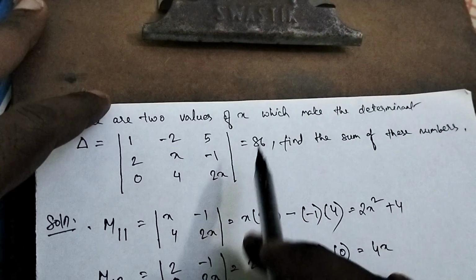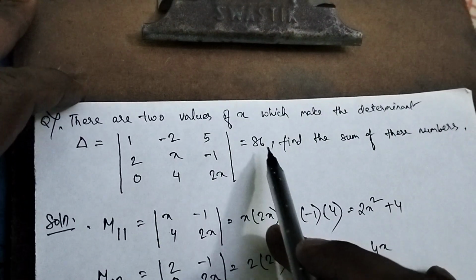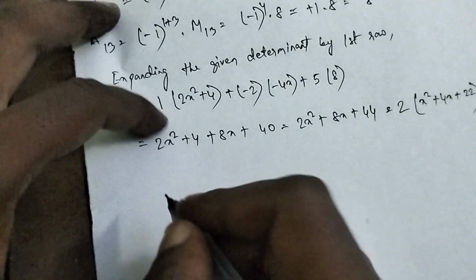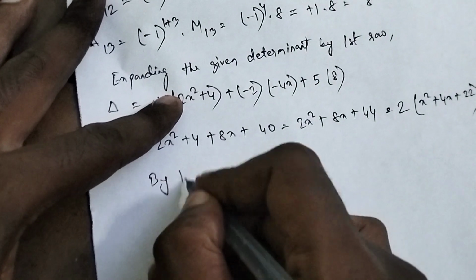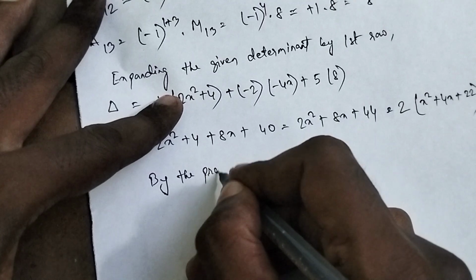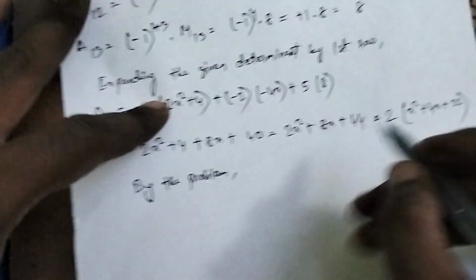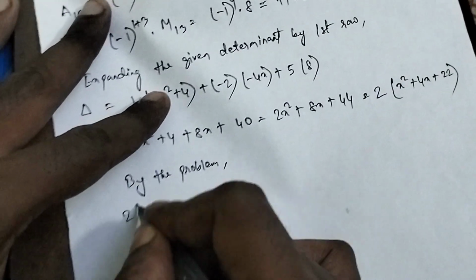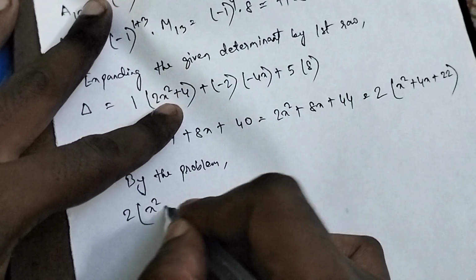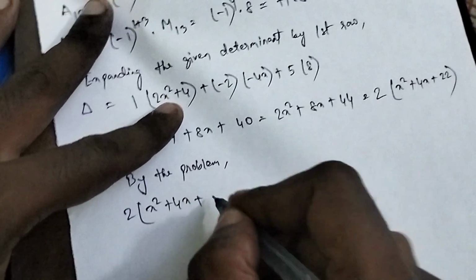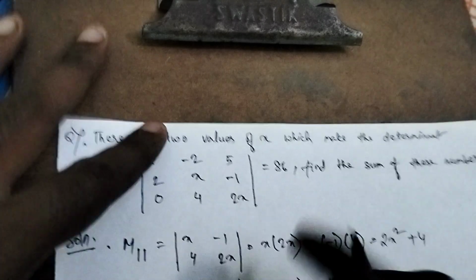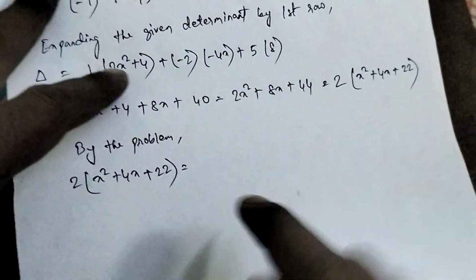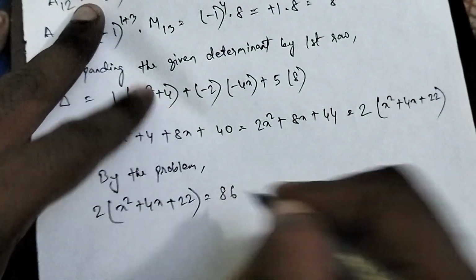By the problem, this determinant is 86. So 2 into x square plus 4x plus 22 is equal to 86.